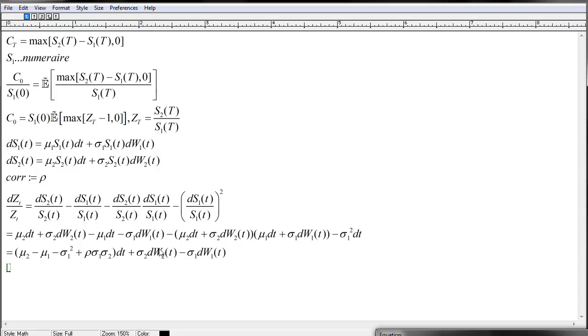The trick is that this number, say it's random number x2, is normally distributed with zero mean and variance of sigma 2 squared dt, and this one over here, let's say it's called x1, is also normally distributed, but just with different diffusion term.